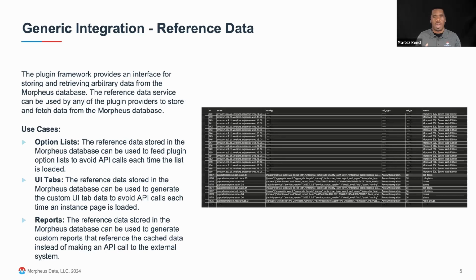And so in this case, what I want to do is reach out to the Puppet Enterprise server in this particular example, and I want to pull back information and effectively cache that information in a place in the Morpheus database that is available to me for caching that information. So that's where within the plugin architecture, we see reference data, and I can leverage that capability.